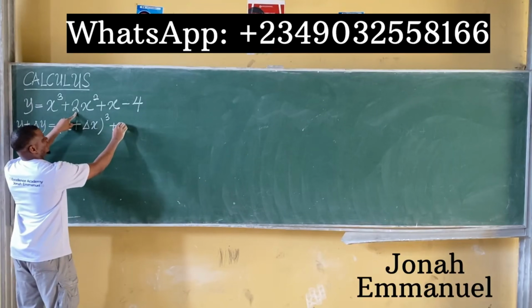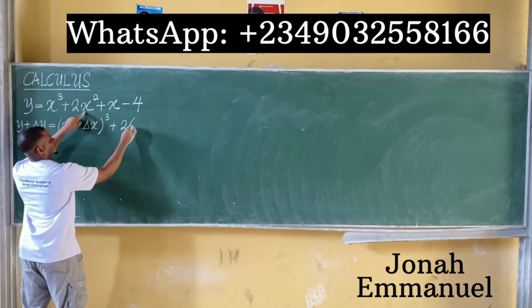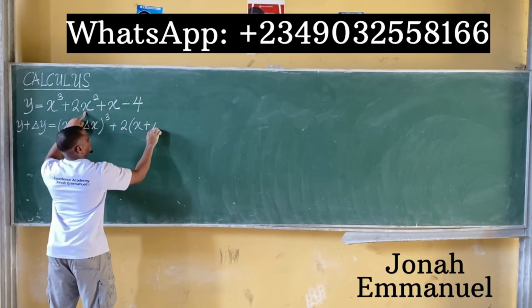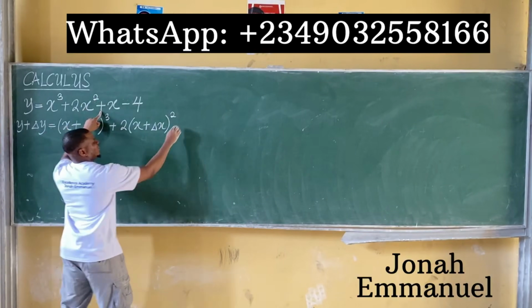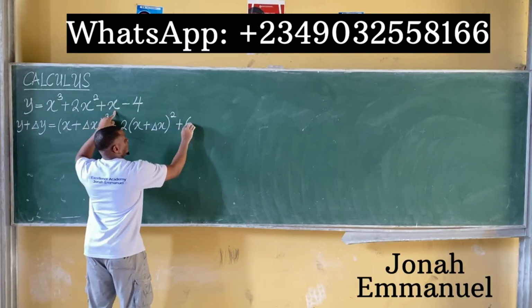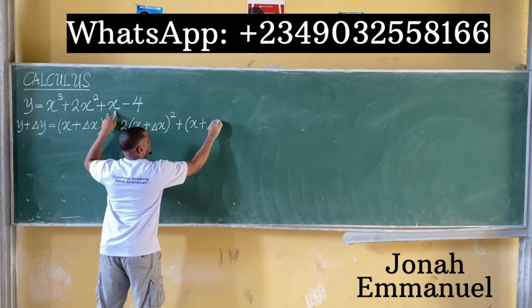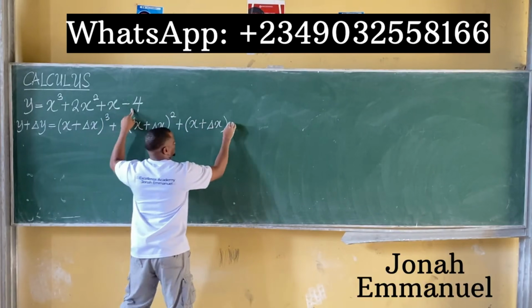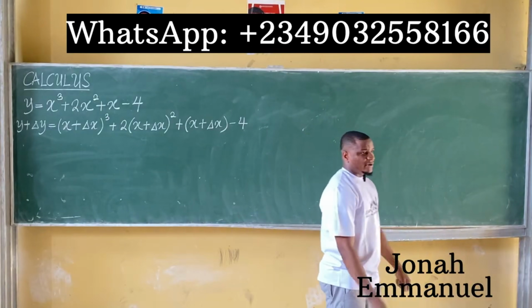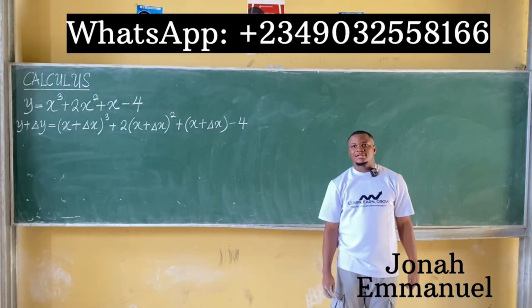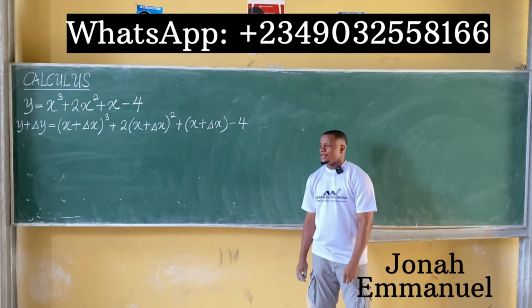Plus, for this one, 2 into x plus change in x to the power 2, plus x plus change in x. All right, so that's it. Very simple stuff. So y plus change in y, add change in x to x.